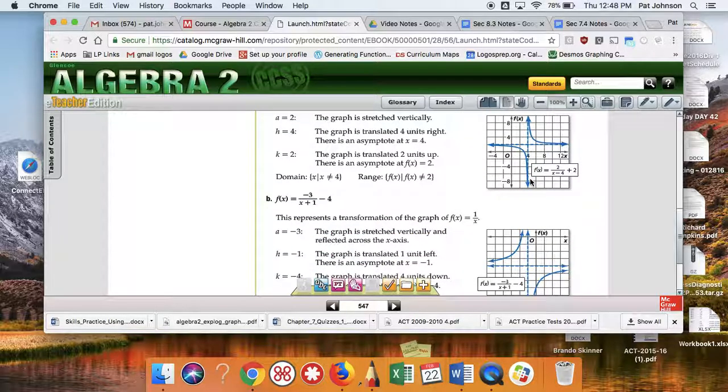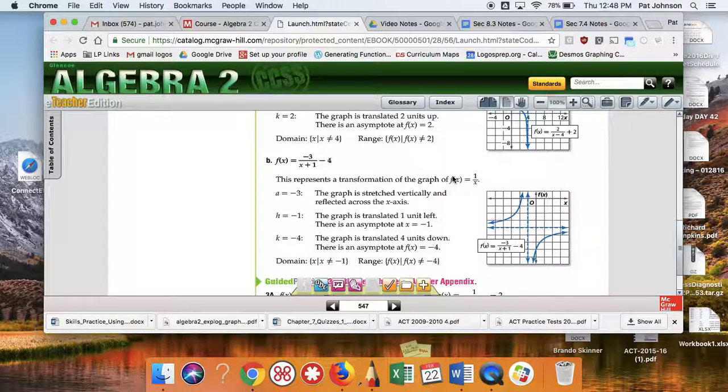All right, let's try this next one. So we identify A as negative 3, H is negative 1, and K is negative 4. So we know it moves to the left 1 unit and down 4 units. However, we have a vertical reflection, which means it reflects over the x-axis. So before it was right here and right here.